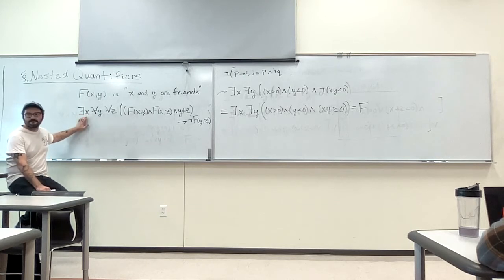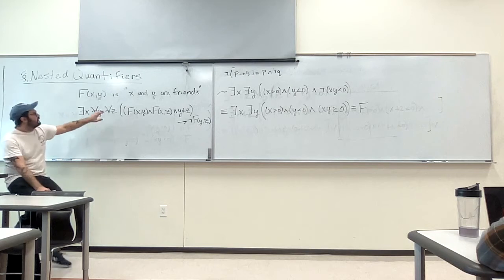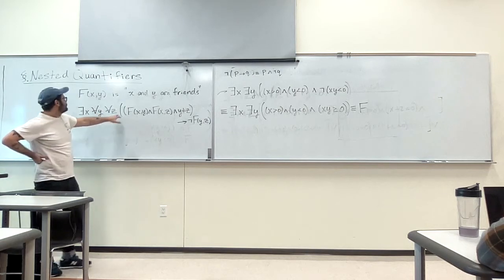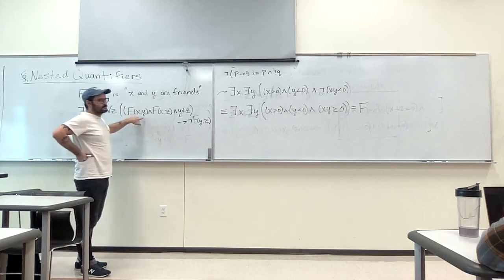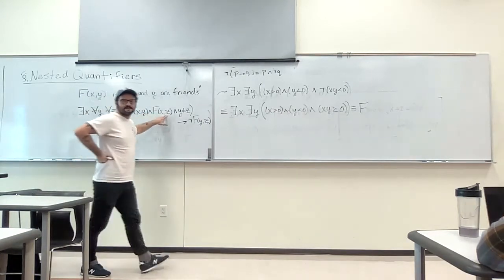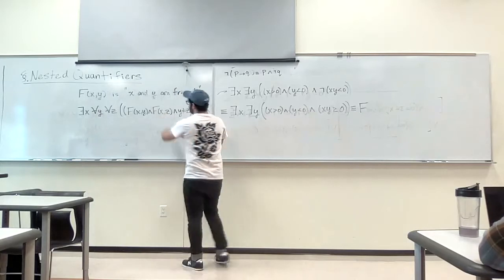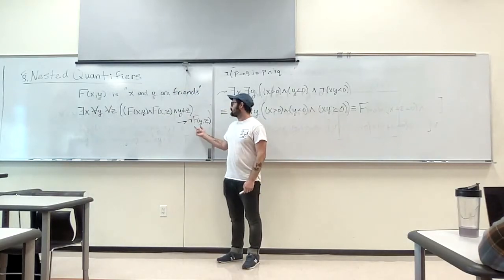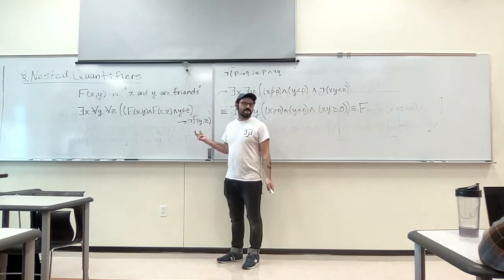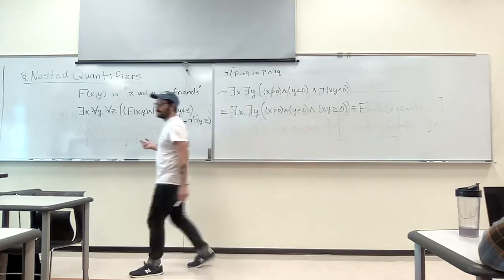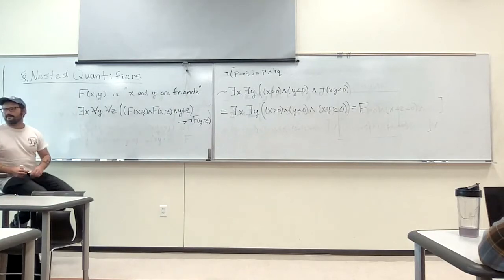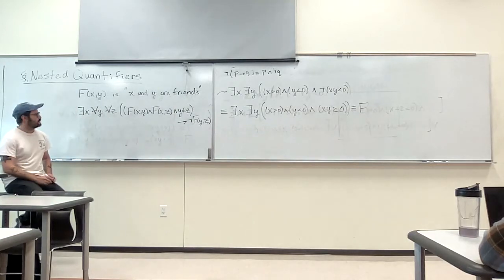There exists a student x for every student y and every student z, such that x is friends with y, x is friends with z, and y is not z, implies y and z are not friends. Right? And we don't know the truth value of this, but we can translate it, right?